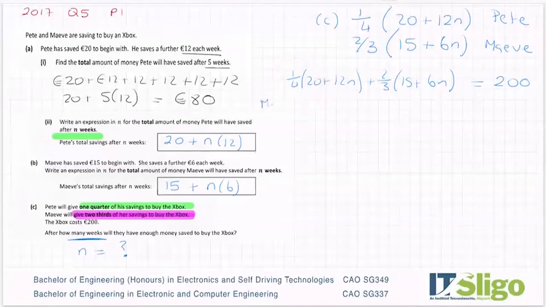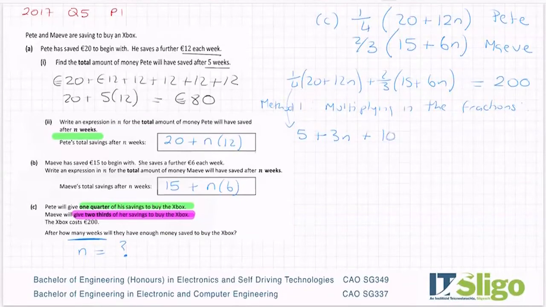So this is method 1, and we're multiplying in the fractions. 1/4 of 20 is 5. 1/4 of 12n is 3n. Plus 2/3 multiplied by 15, getting 10. 2/3 multiplied by that 6 on your calculator, and you get 4n, is equal to 200.